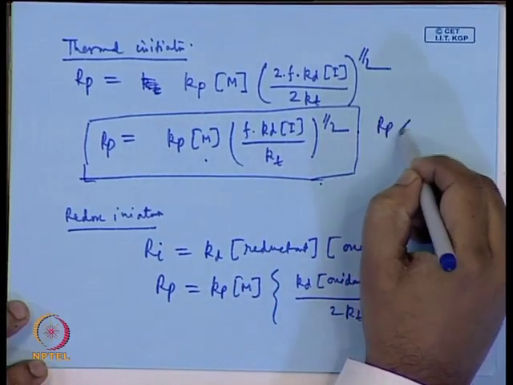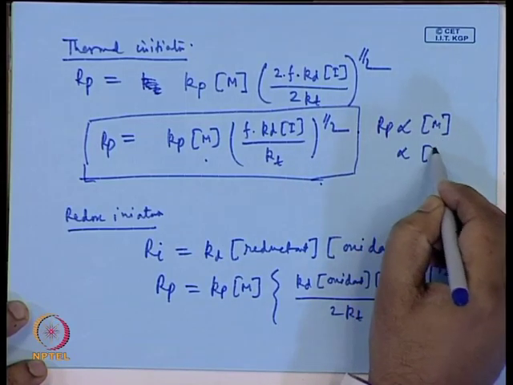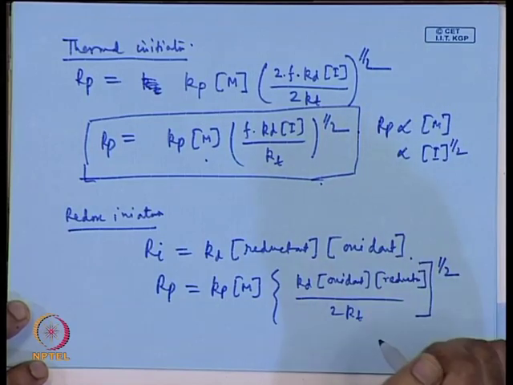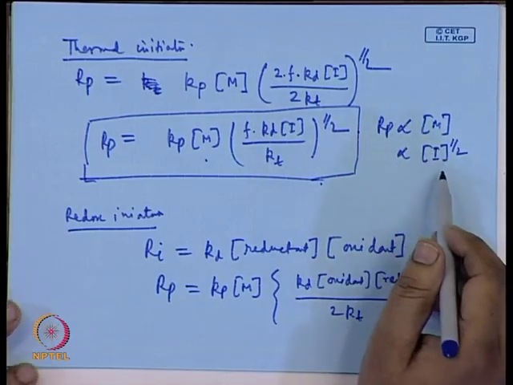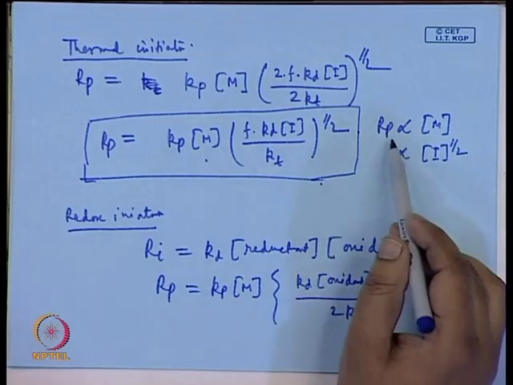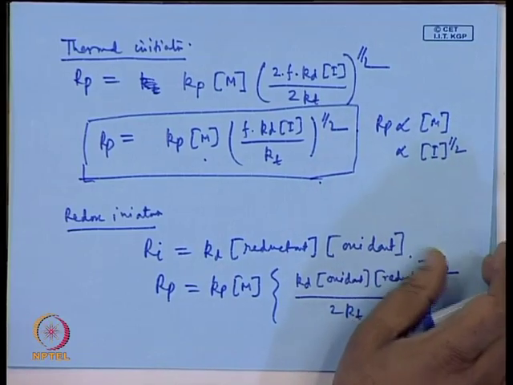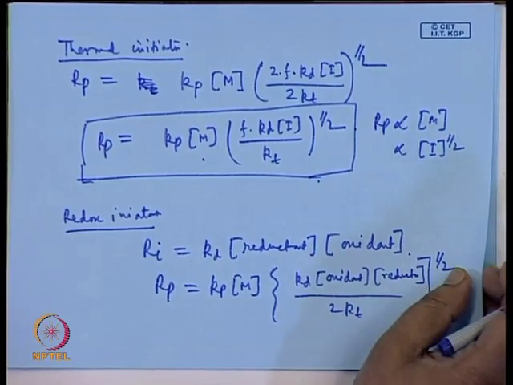So, if you increase the initiator concentration during a radical polymerization, the rate will increase, but of course proportional to the square root of the initiator concentration, and if you increase the monomer concentration, the rate of polymerization will increase directly proportionally.